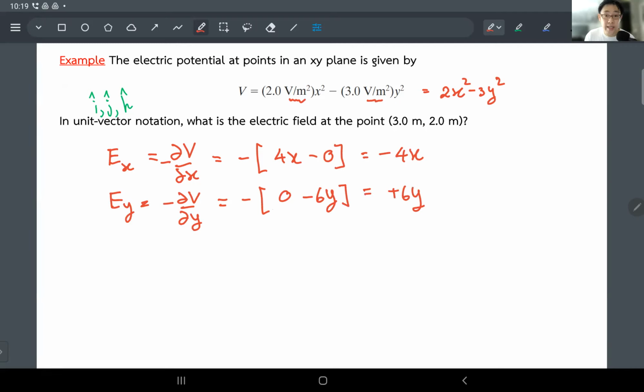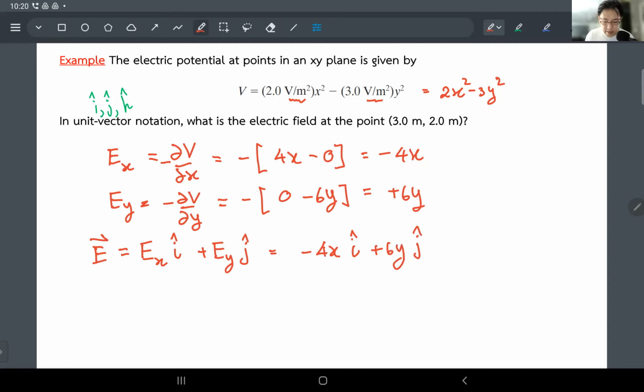So if you want the electric field in vector notation in general, without specifying any particular location on an xy plane, you just say the electric field vector is Ex i plus Ey j, or that is just negative 4x i plus 6y j, guys. That's it. It's done.